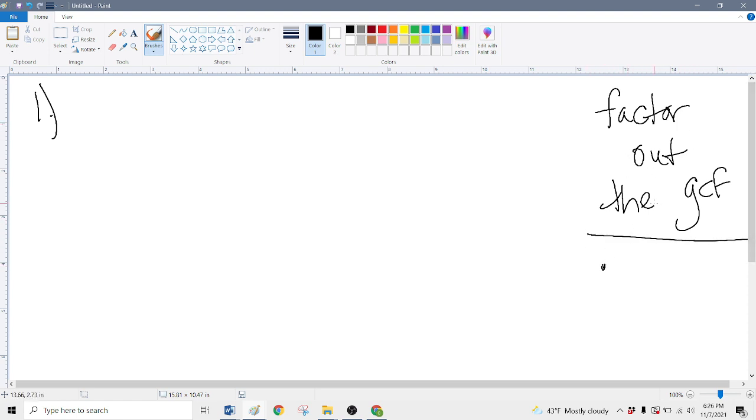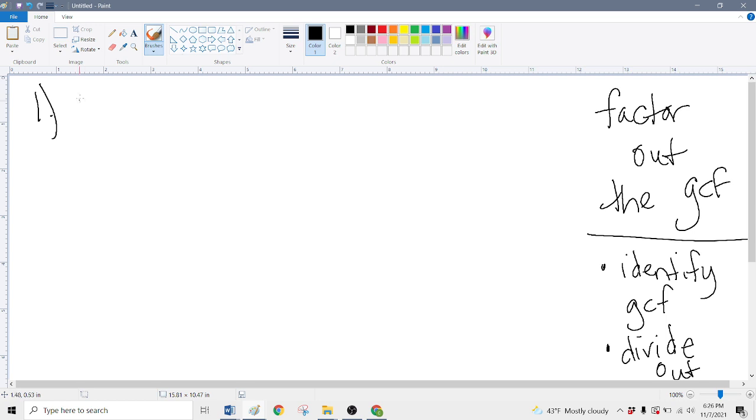And when we factor out the GCF, we're going to need the GCF. So we'll first identify the GCF. And then we're going to divide it out. Divide the GCF out of every term. Okay? Let's see how we do this.